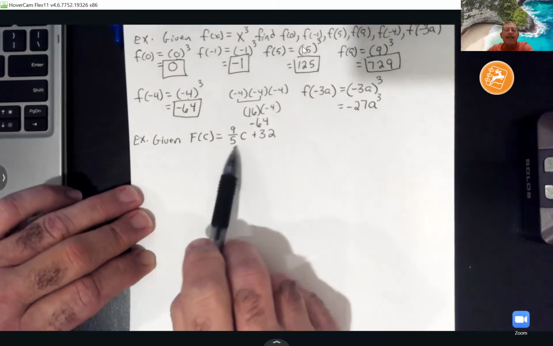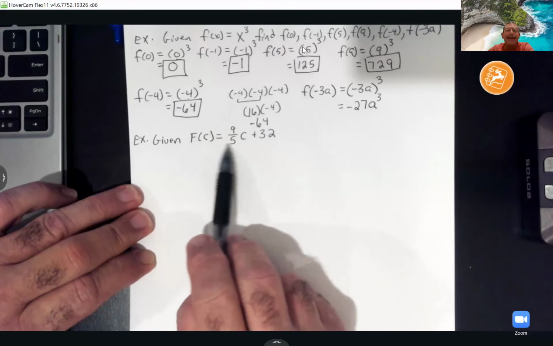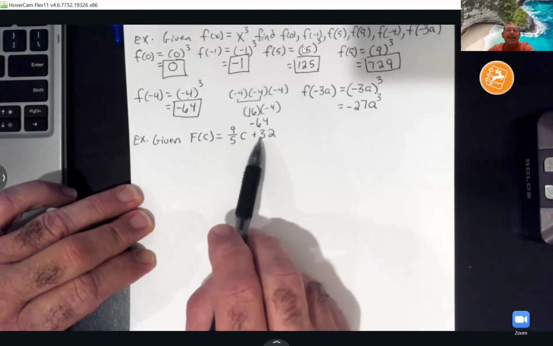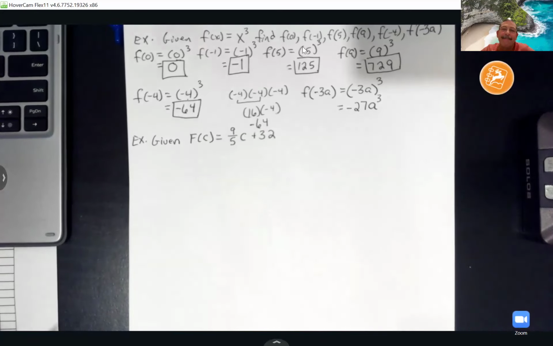Y'all recognize this formula? Nine-fifths c plus 32. Oh, my schools are slacking these days, ain't they?